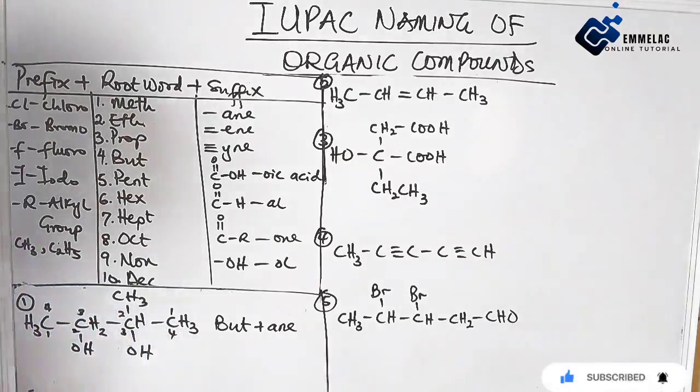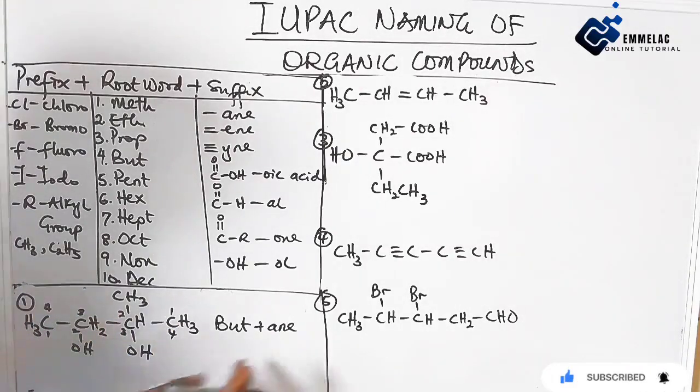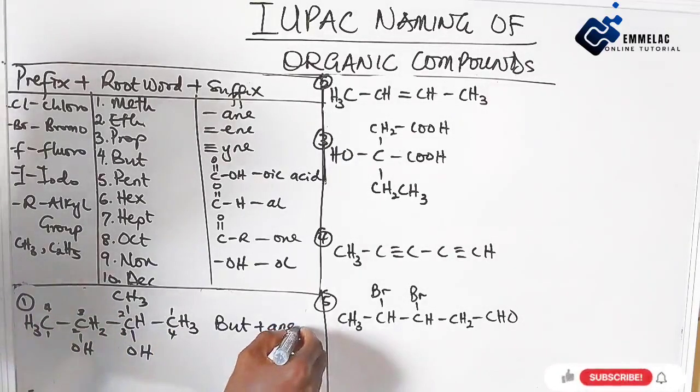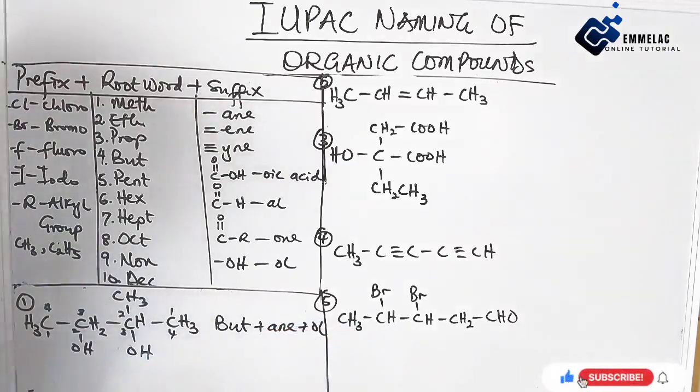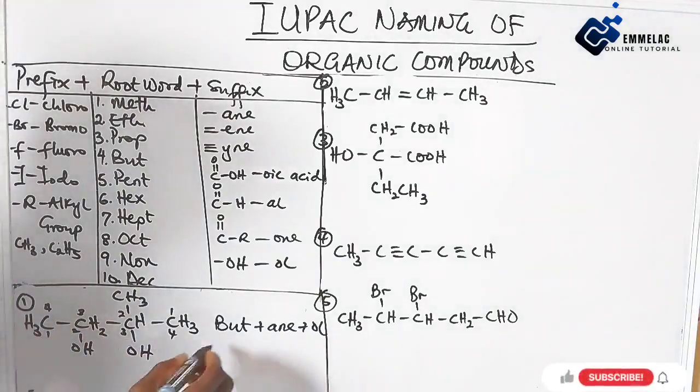So here we can now say our ol plus ane. Now our ol is having 2 positions. If we are coming down here, we have 2 and 3, and if we are coming down here, we have 2 and 3. So here we can say this is both.